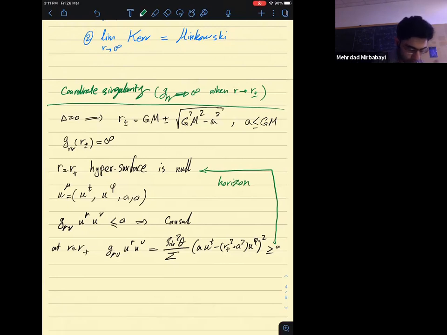Well, one has to also see that things can go through it, so it's not really singular. But at least this is an indication that it is the horizon.